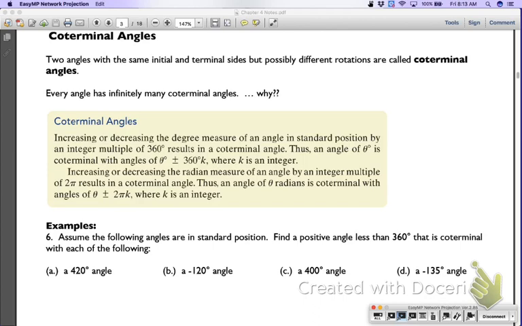So basically what that means is if you have any sort of circle, here's my initial side, and say that the terminal side ends somewhere over here.